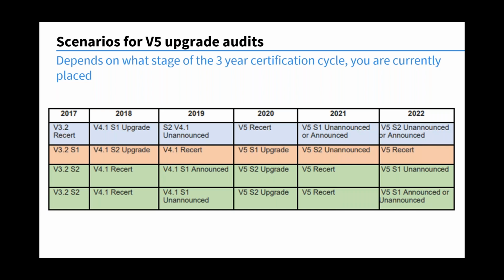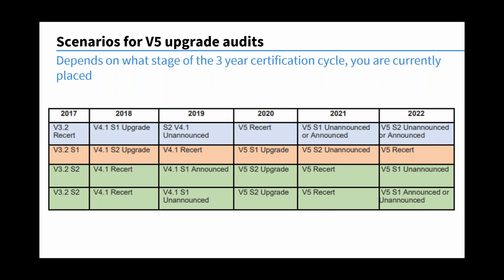If in 2019 you have completed recertification for version 4.1, then in 2020 you would have version 5 surveillance 1 upgrade. If you had version 4.1 surveillance 1 announced visit, then version 5 S2 upgrade would happen in 2020. And if it is version 4.1 S1 unannounced, then the next audit would be version 5 S2 upgrade.